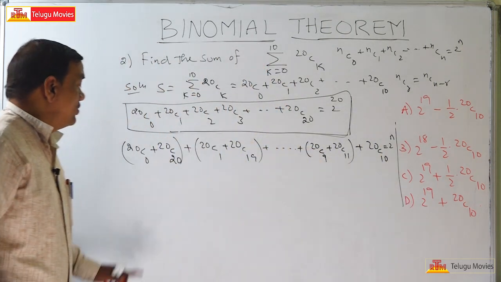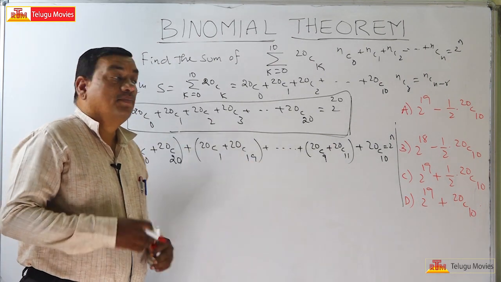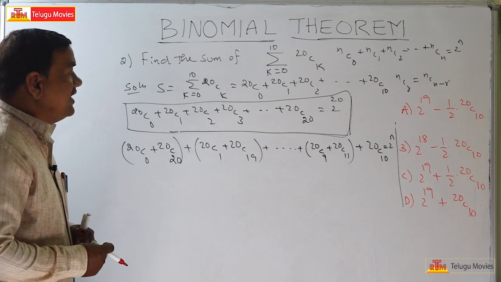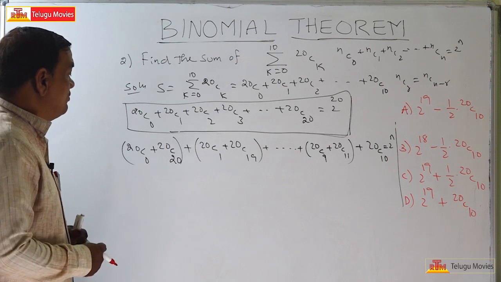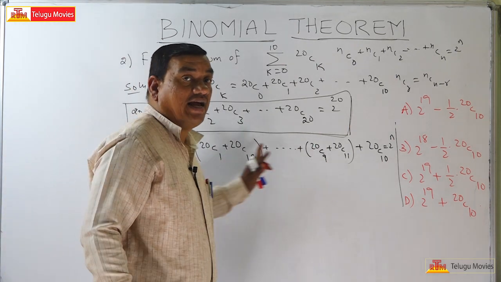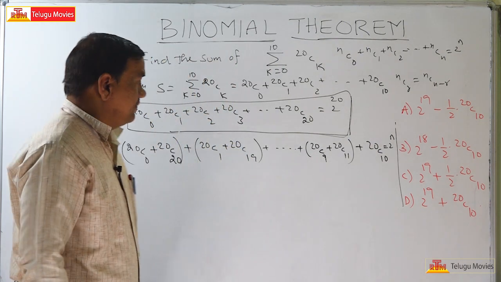Altogether, 0, 1, so on up to 9 gives 10 terms, 10 plus 10 is 20, 20 plus 1, so 21 terms are there.